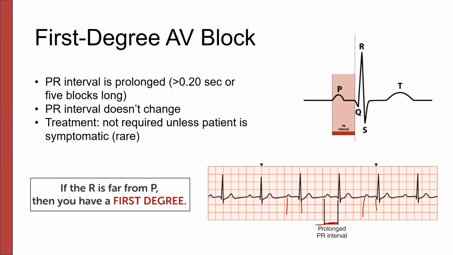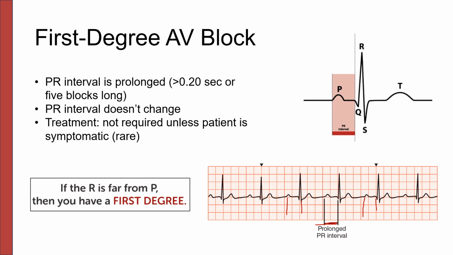The treatment for this is usually nothing, because this isn't a continuous rhythm. A patient may have first degree AV block and then it goes away. It's very rare that it's continuous, and if it is continuous, then it may cause the patient to have bradycardia, a little bit below normal range of the heart rate, but it's not that common and it's really not going to cause an issue.